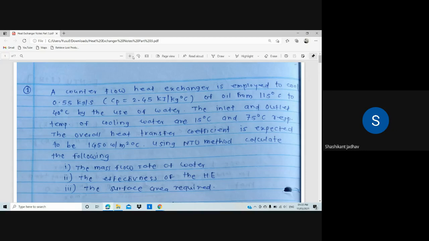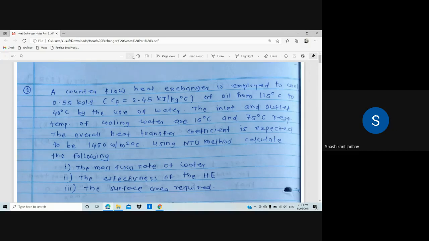Okay. So mass flow rate is given for that particular hot fluid. So therefore m dot h is equal to 0.55 kg per second, and Cp of the hot fluid is also given, that is Cph is equal to 2.45 kilojoule per kg degree Celsius.